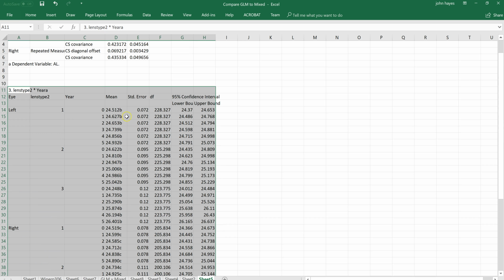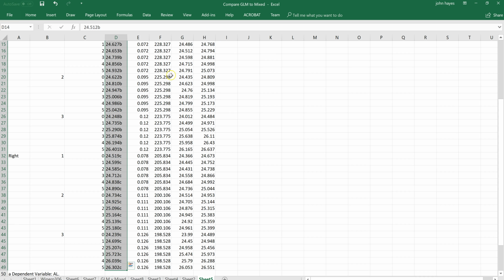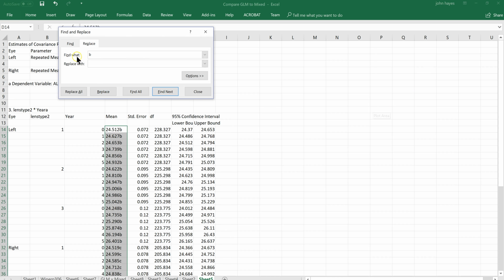So we need to first, or well, I don't know first, but we need to get rid of these letters because it won't work. Our graph will have trouble with those letters in there.